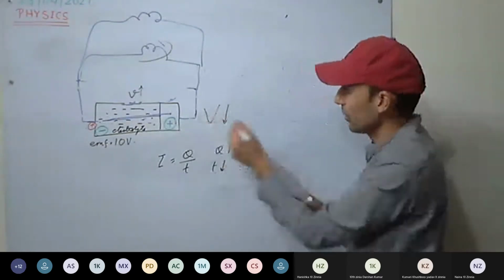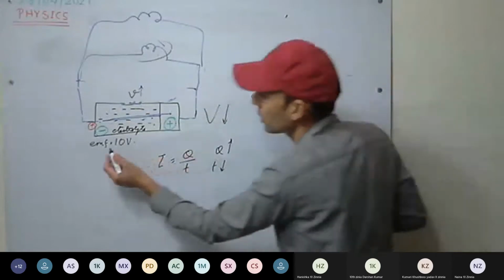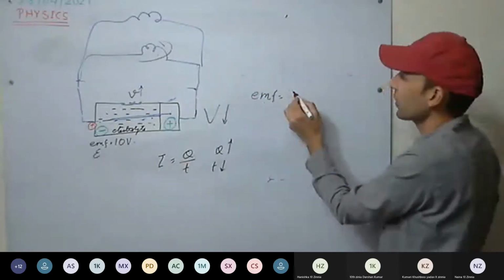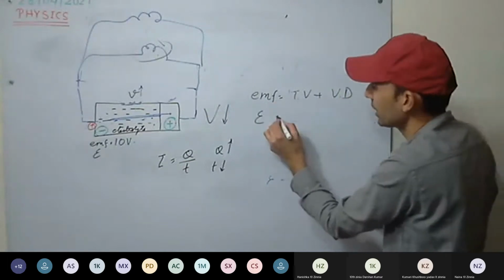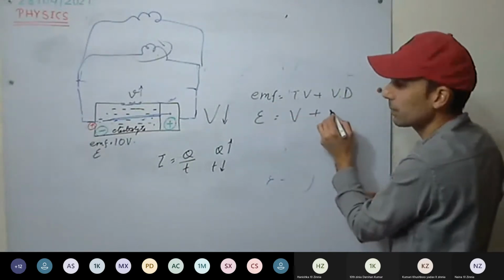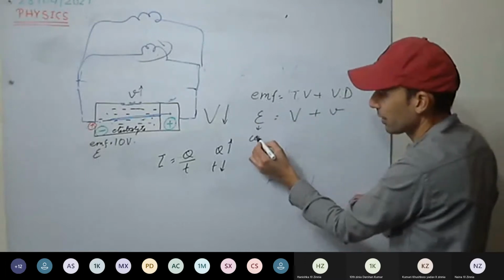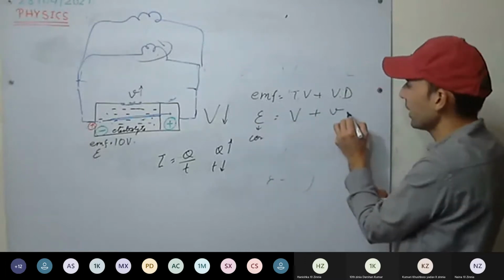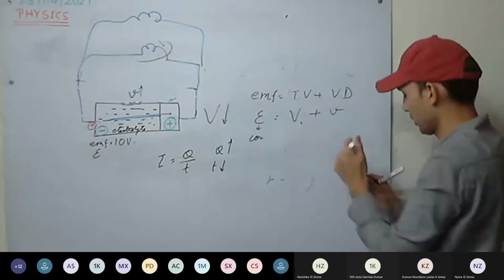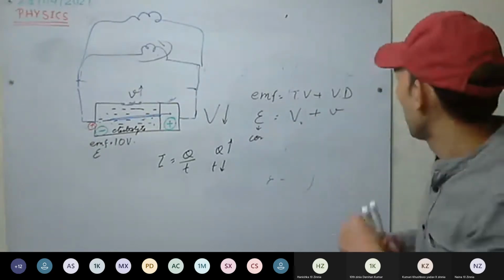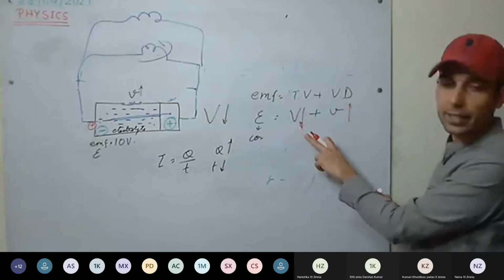Understood this one? We know EMF epsilon equals terminal voltage plus voltage drop. That is epsilon equals V plus voltage drop. So this is constant. If the voltage drop is increasing, terminal voltage will be decreasing.